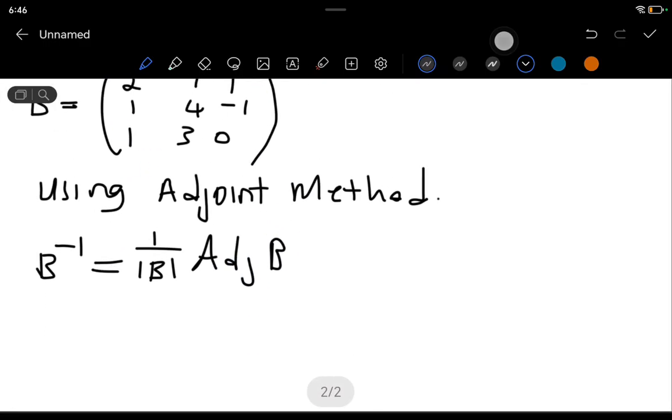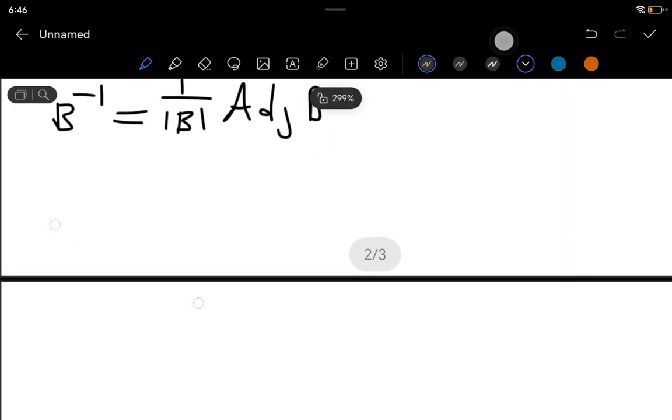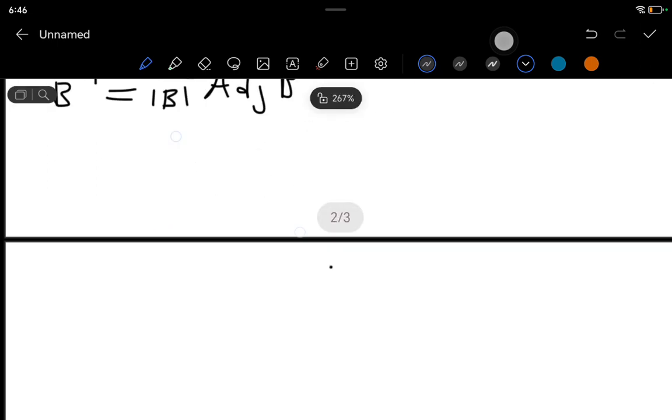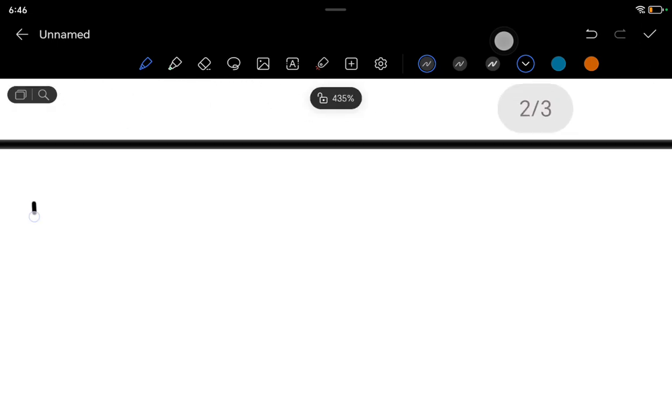Let's start with the adjoint and then we can come to the determinant. We can find the determinant in many ways, but what's interesting now is the adjoint of B. For me to find the adjoint of B, I first need to find the cofactor matrix. So I'm going to name it C. The C needs to be somewhere here.